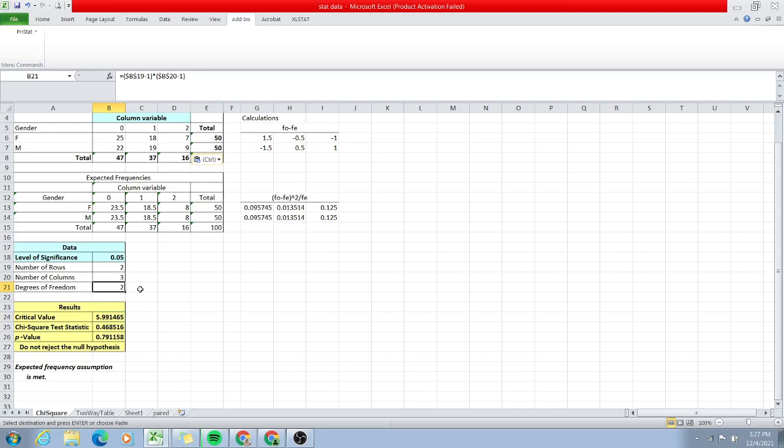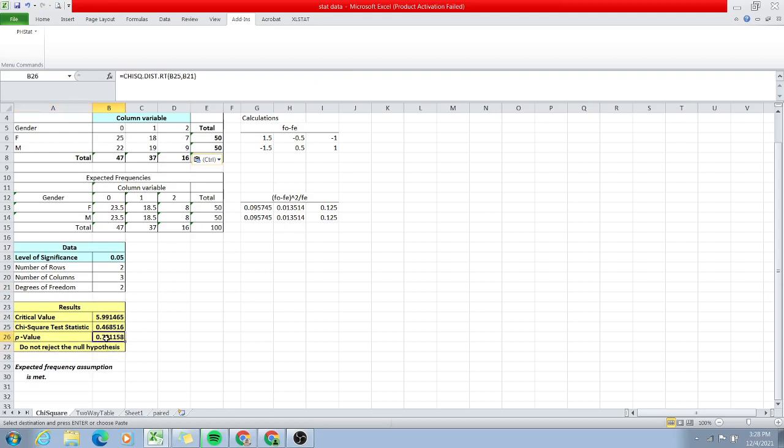The degrees of freedom is 2, which is equal to the product of the number of rows minus 1 times the number of columns minus 1. 2 minus 1 times 3 minus 1, so 1 times 2 is equal to 2. Since the chi-square is less than the critical value, the decision of the test is not to reject the null hypothesis.